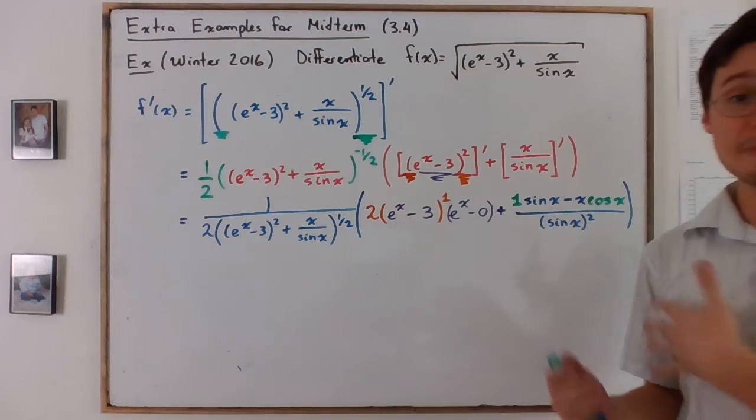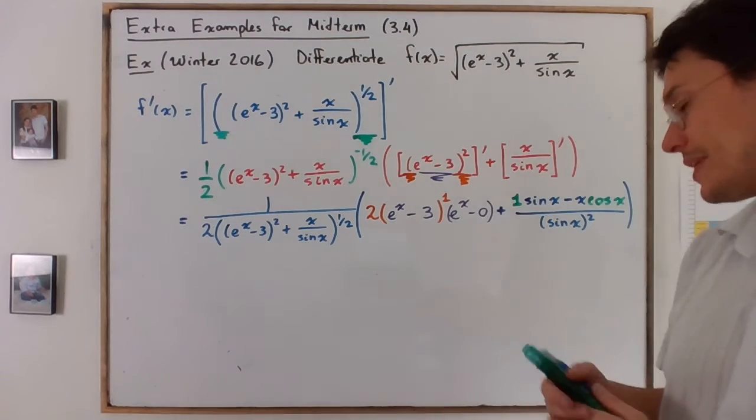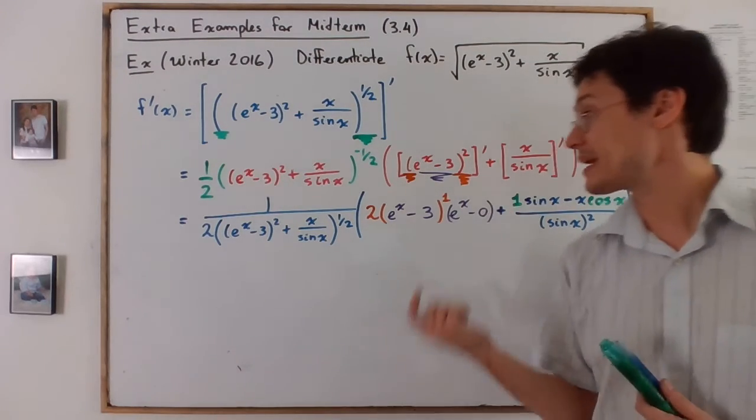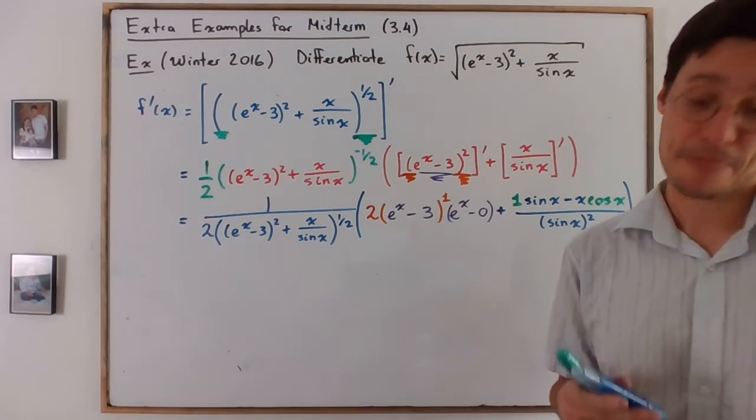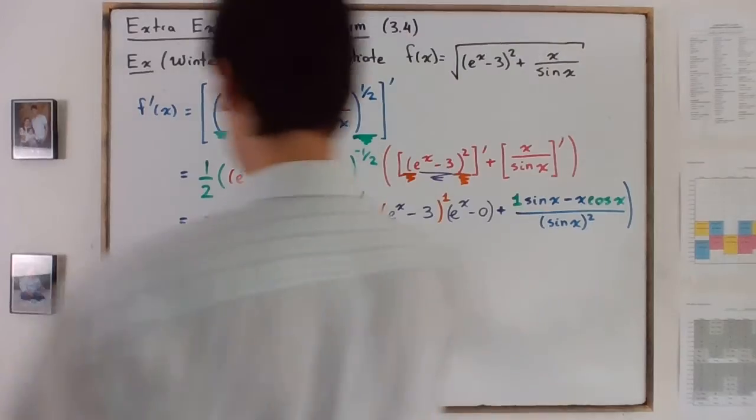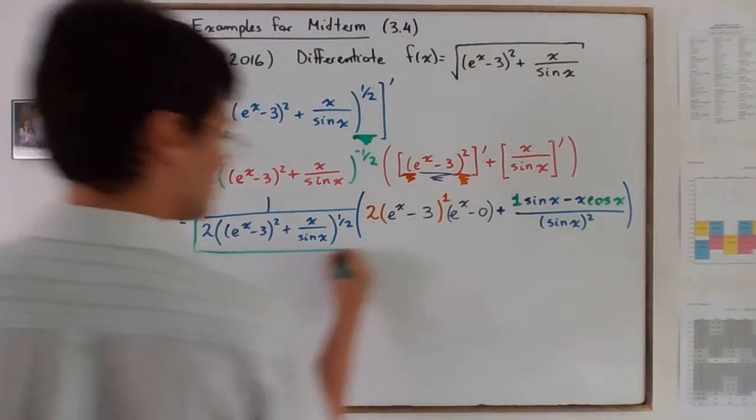All right, so obviously don't write the minus 0 here. I was just writing it to show you that the minus 3 differentiates to 0, so don't write it. But otherwise, this is a perfectly valid final answer.